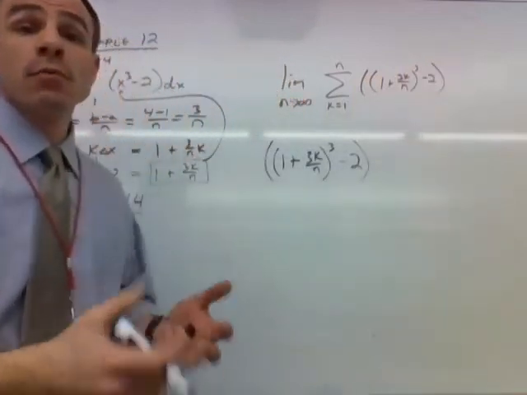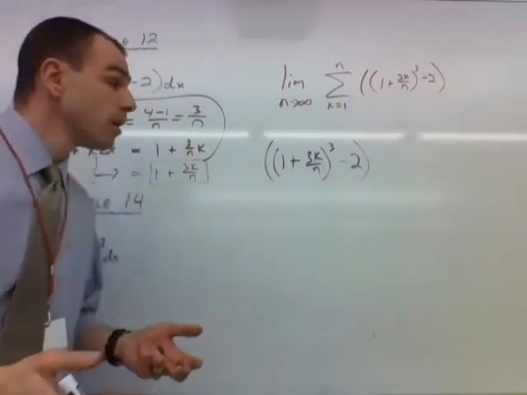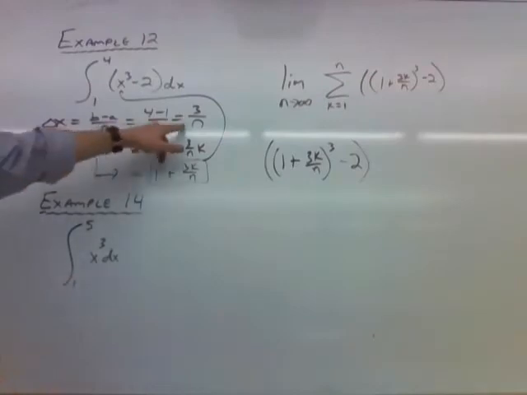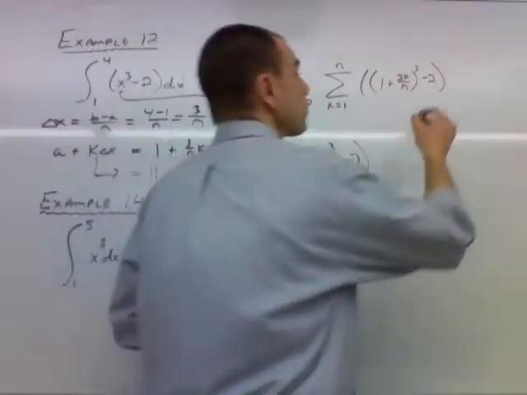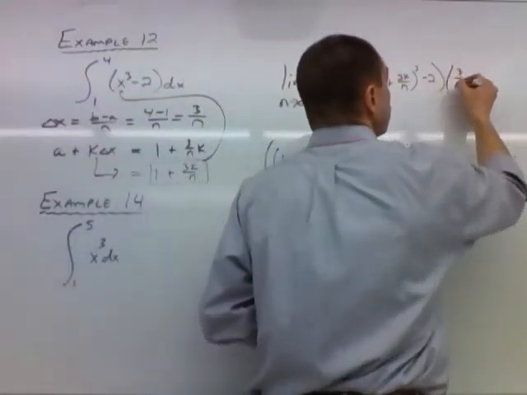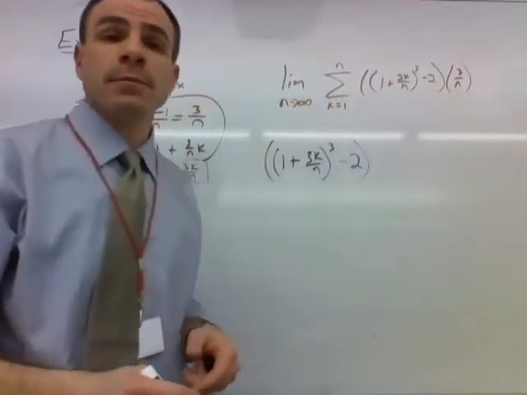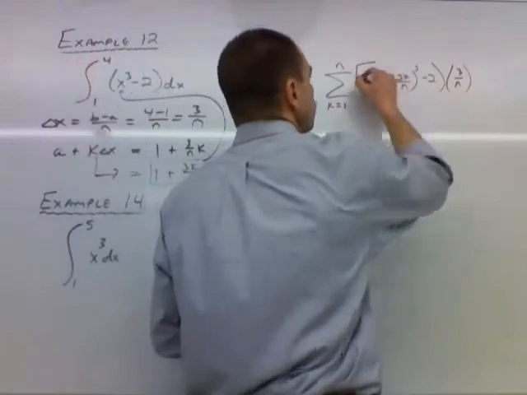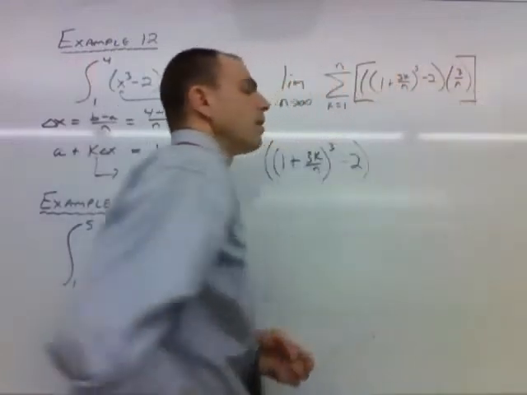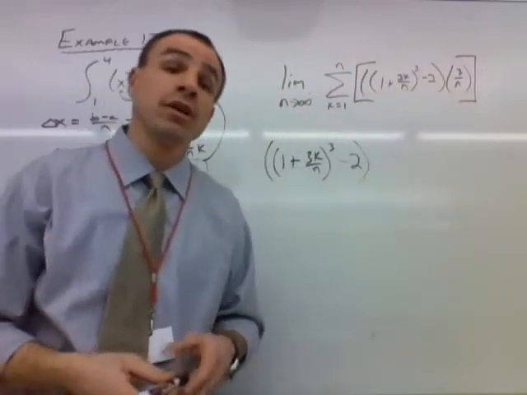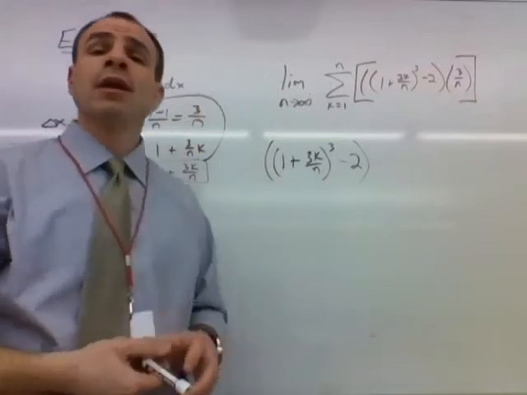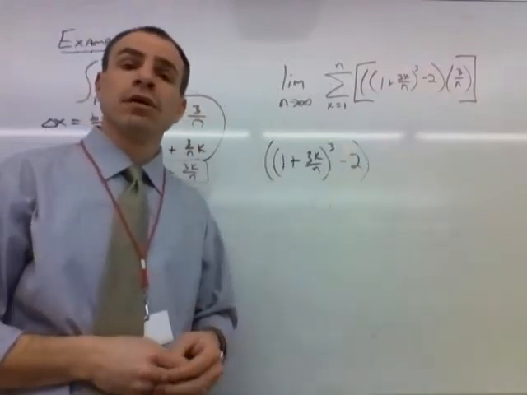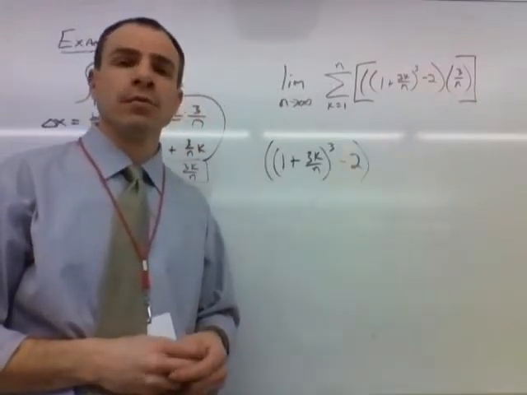And then we have to multiply that by delta x, which we found a few minutes ago, that's 3 over n. So we're going to multiply the first part by 3 over n. And then just to group everything together, let's put one more set of brackets around everything. All right, and we are good to go. There's our answer for example number 12.